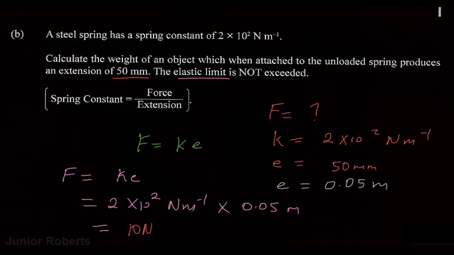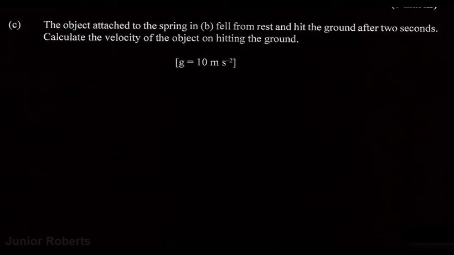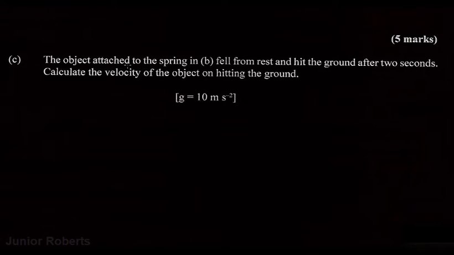So let's continue. Now it says the object attached to the spring in B fell from rest and hit the ground after 2 seconds, and they want us to calculate the velocity of the object on hitting the ground. So we're going to consider the equation V is equal to U plus AT.